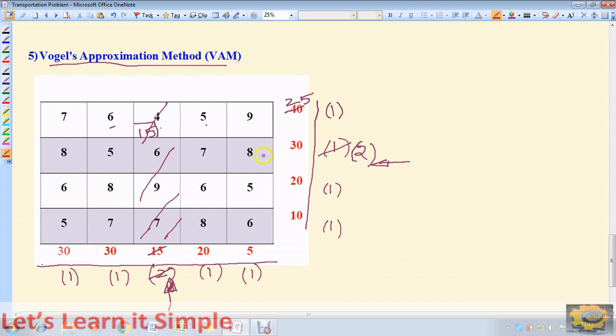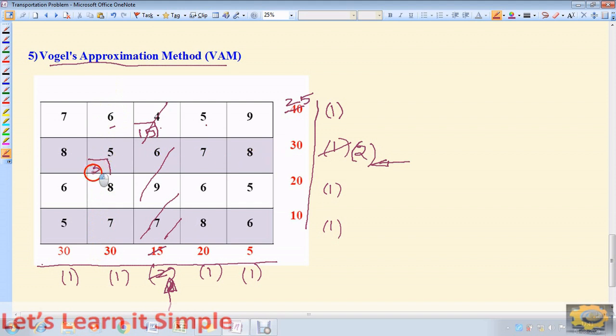Now if you move along the second row, the least cost is 5, which means I need to allocate here. Now consider the values. Along that column 30, along that row also 30.